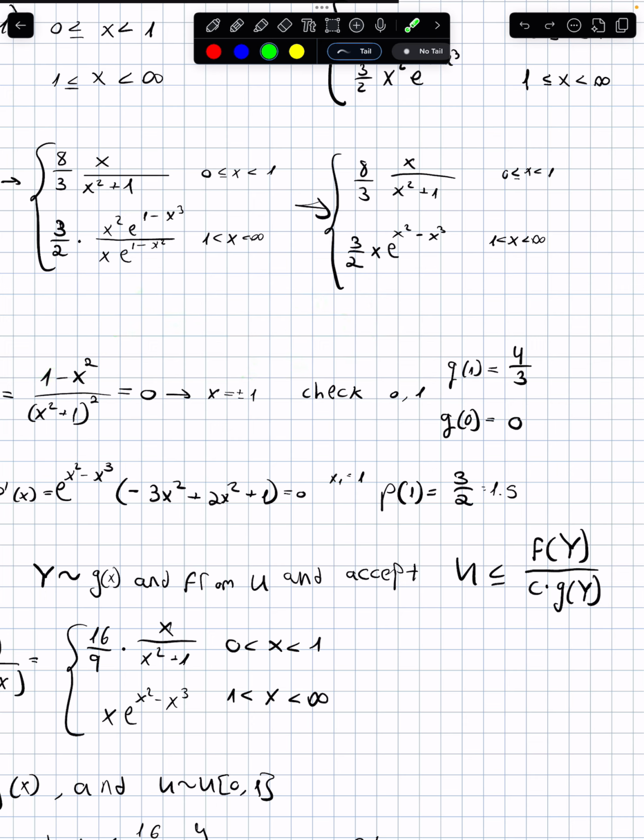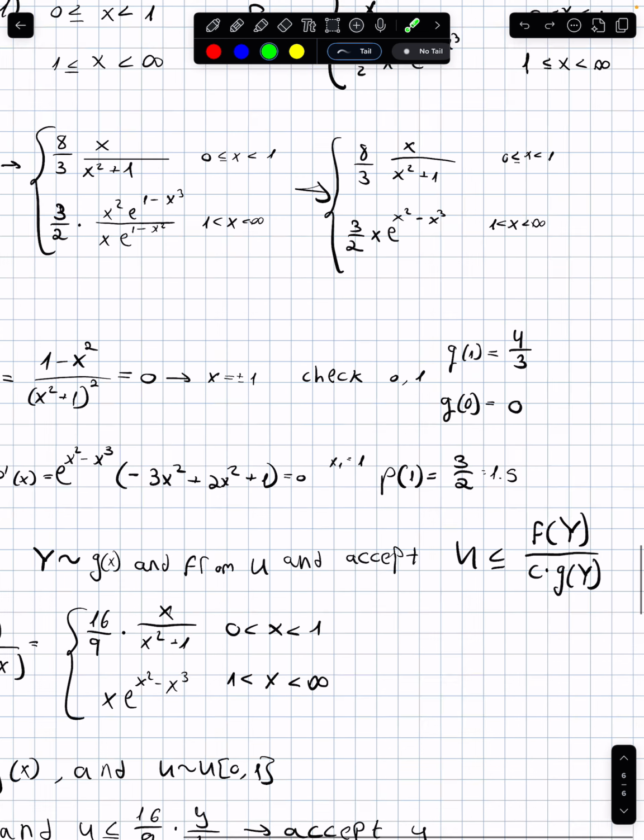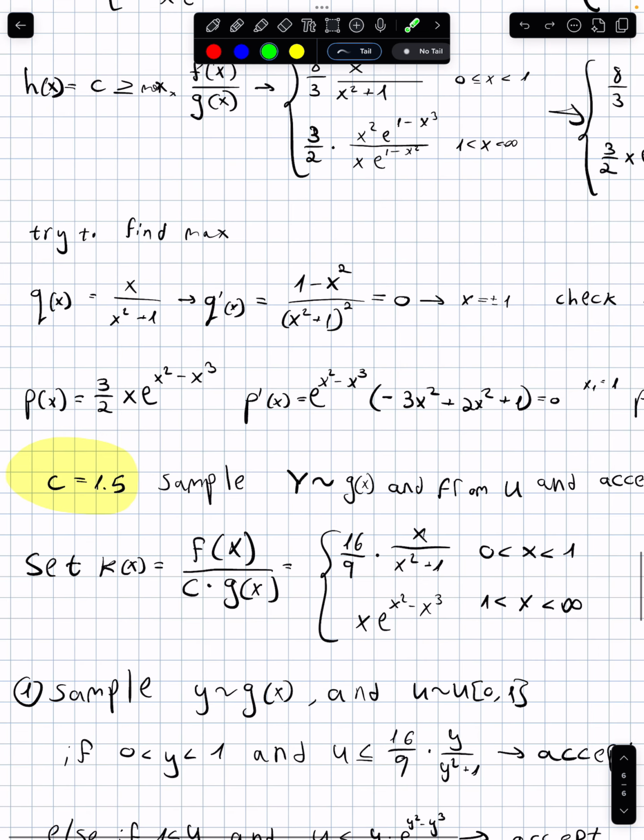But I'm only interested in between 0 and 1, so I will just check 0 and 1, because here I saw there is a potential maximum. So I just check both points, and I get here 4 divided by 3, which is around 1.33, and here I get 0.